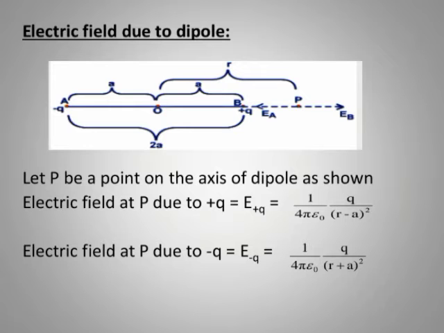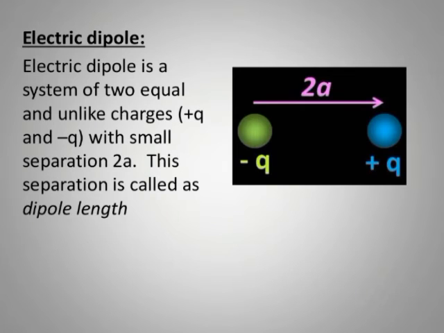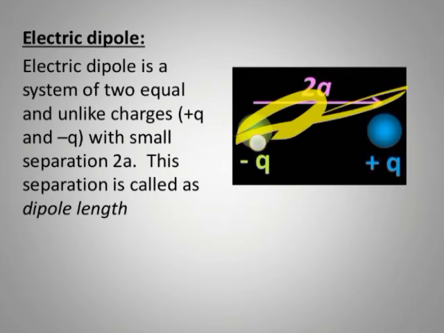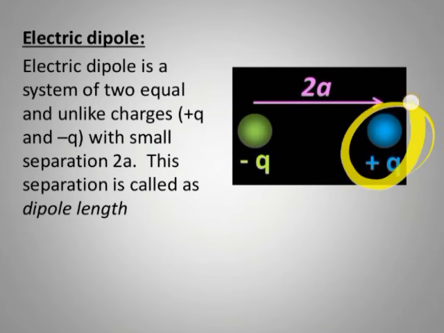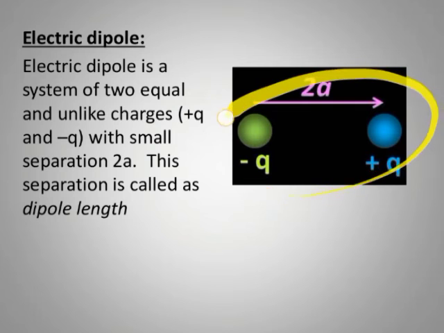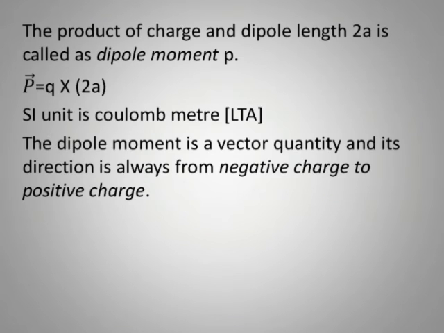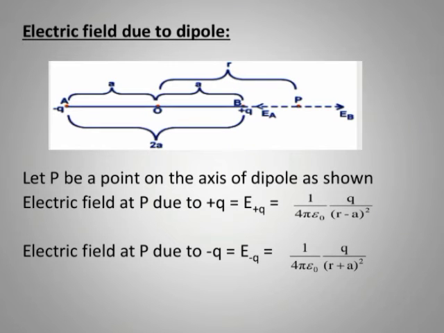Children, now consider the electric field due to a dipole. You studied what a dipole is. It has a positive and a negative charge, equal and unlike charges with a distance, and this produces electric fields around them. The total electric field of these two is what they are asking you to derive as an equation.